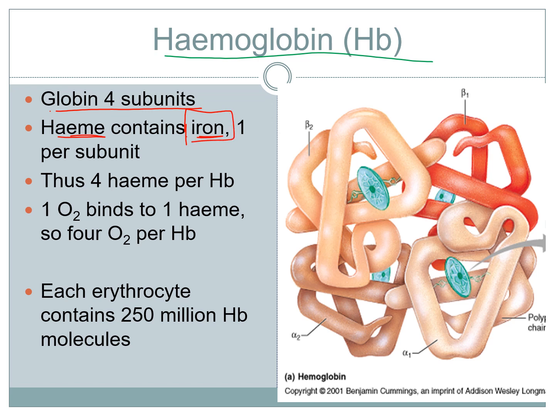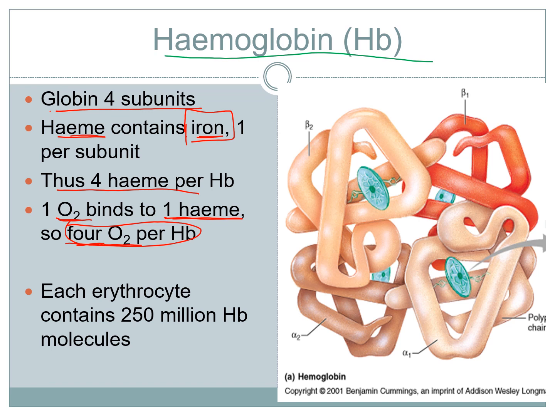Now it's this iron attached to the heme that has that reversible bond ability to oxygen. So each hemoglobin has 4 subunits of heme that contain 1 iron each. So each hemoglobin molecule has the ability to carry 4 oxygen molecules.